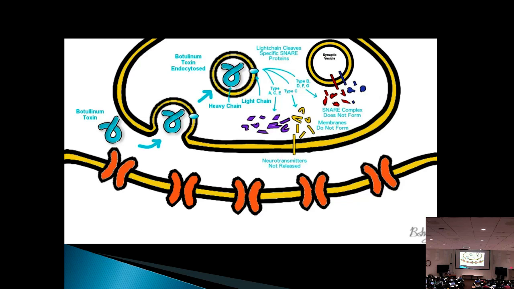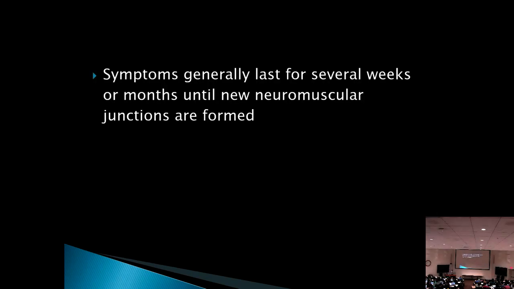So what's happening here is these synaptic vesicles don't fuse, and we then don't stimulate nicotinic receptors. But that's also the mechanism for releasing acetylcholine for the parasympathetic system, the muscarinic receptors. So again, we understimulate those as well.